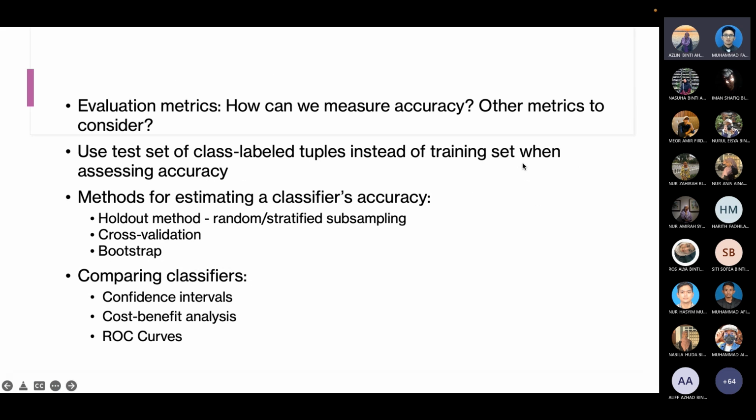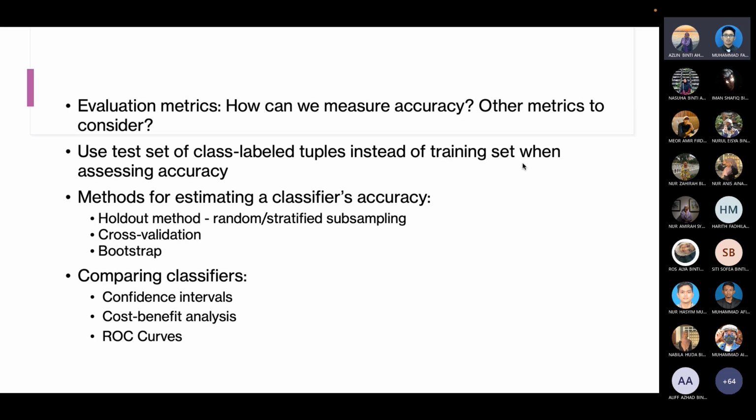Okay, so how can we measure the accuracy, or is there any other metrics to consider for these evaluation metrics? Sebenarnya banyak. If you look at mathematics and statistics, there are lots of evaluation methods. But the ones I listed just now are the most common evaluation metrics that people always use to evaluate machine learning classification models and also clustering.